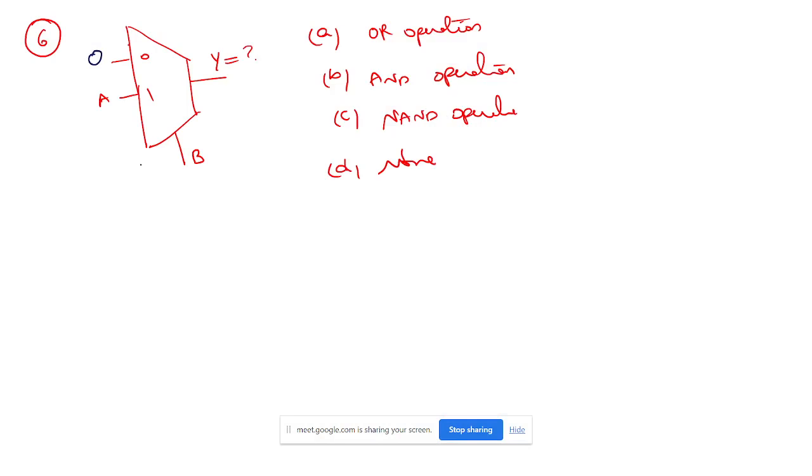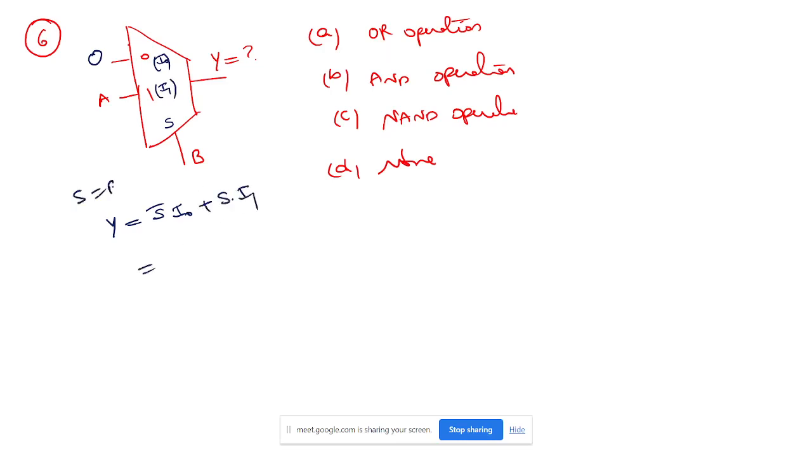Okay. Again, you need to know the equation to understand whether it is AND or something like that. What is Y? If it is two inputs, I can write it as S bar I0, let's say this is I0, this is I1, plus S times I1.